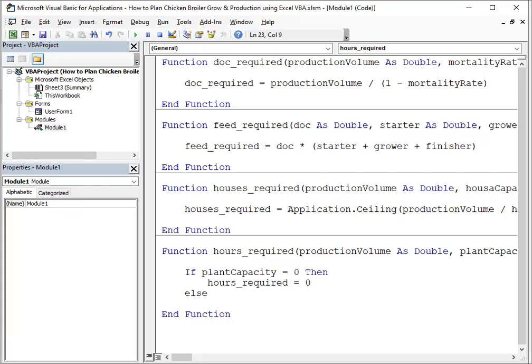Else, hours underline required equals production volume divided by plant capacity.